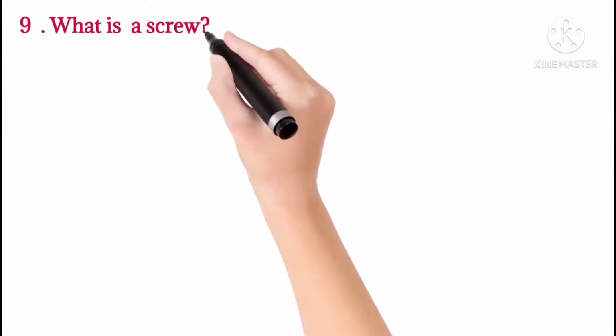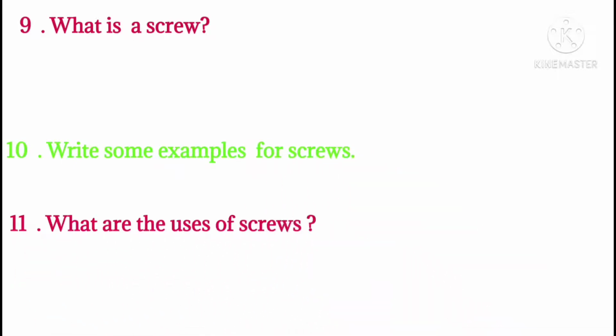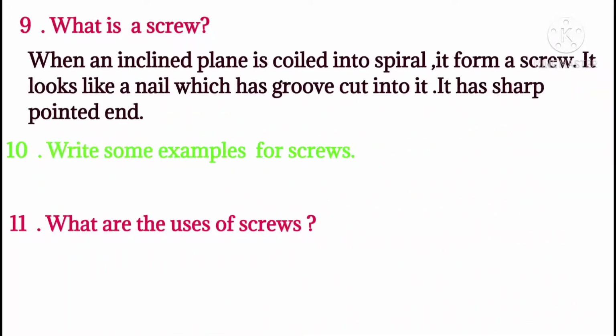9. What is a screw? A screw is made up of metal. It has a sharp pointed end and a flat top. It is a simple machine used to join things. When an inclined plane is coiled into a spiral, it forms a screw.